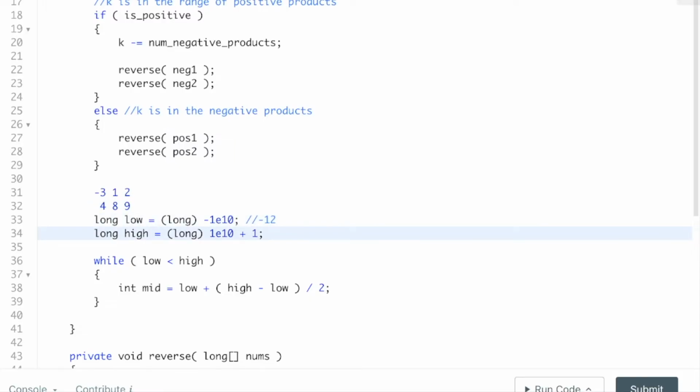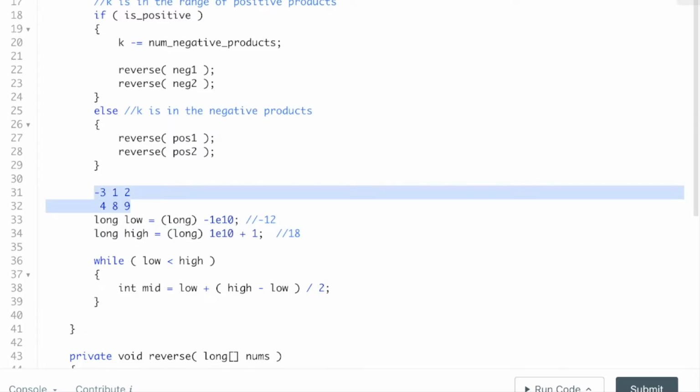And then we would set our high to 2 times 9, which would be 18. And then we would binary search between that range of negative 12 to 18. So we just do our min product and our max product.